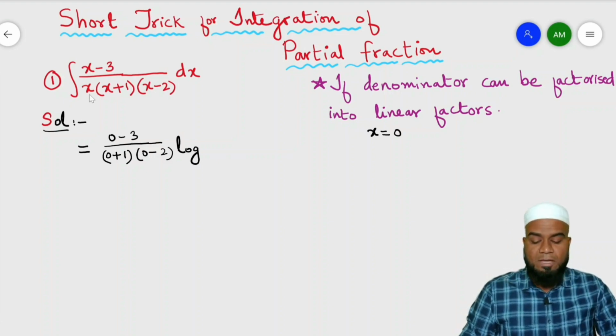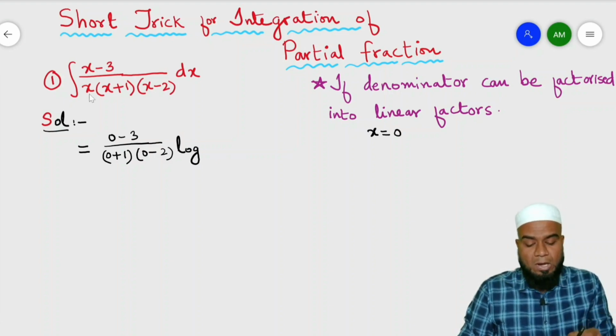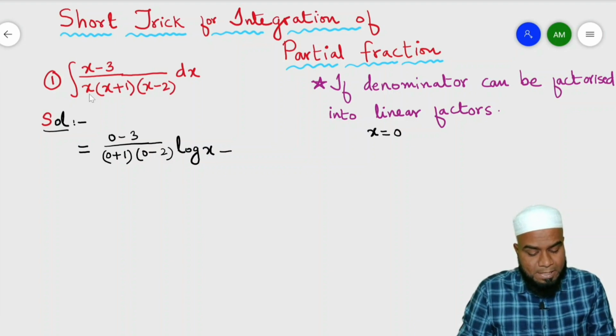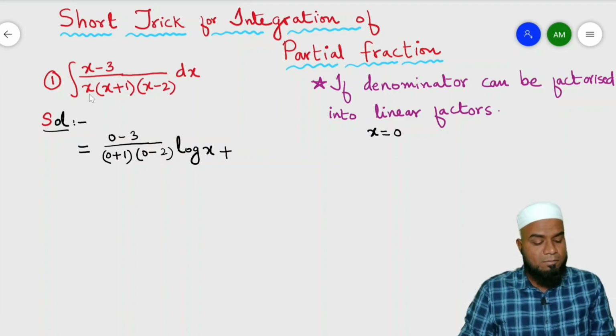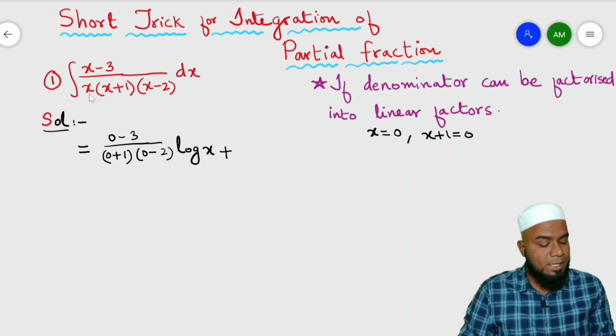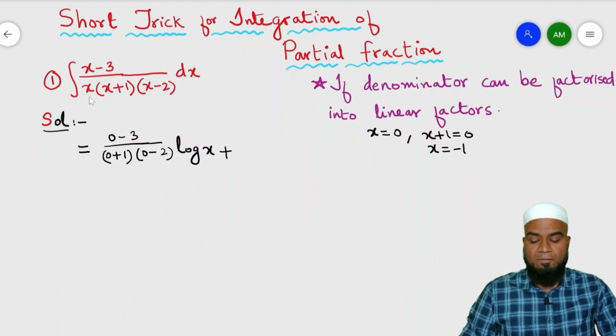whatever factor we have equated to 0, that we write: log of x. Then, plus, in the second term we equate x plus 1 equal to 0, so x equals minus 1. Now this minus 1 value we keep in place of x in the other factors, avoiding the term we equated to 0.